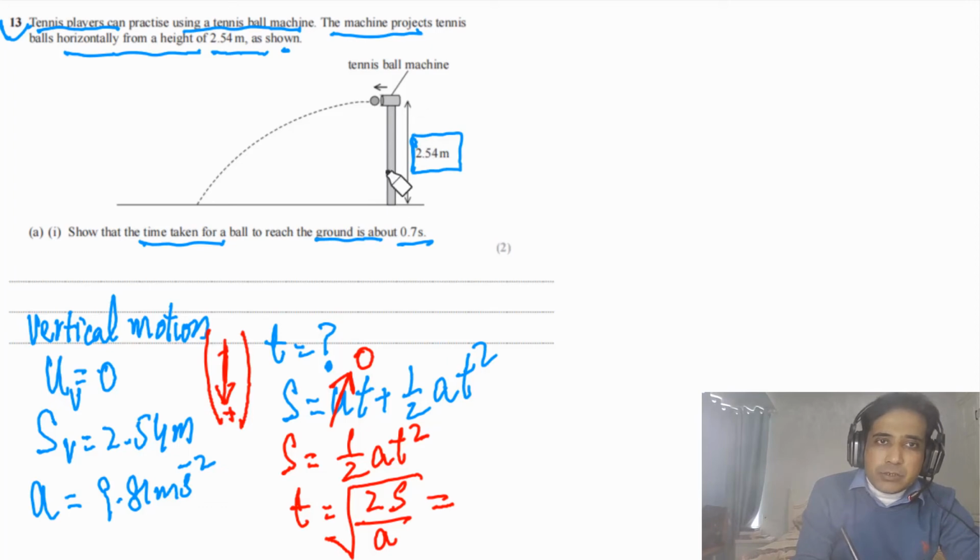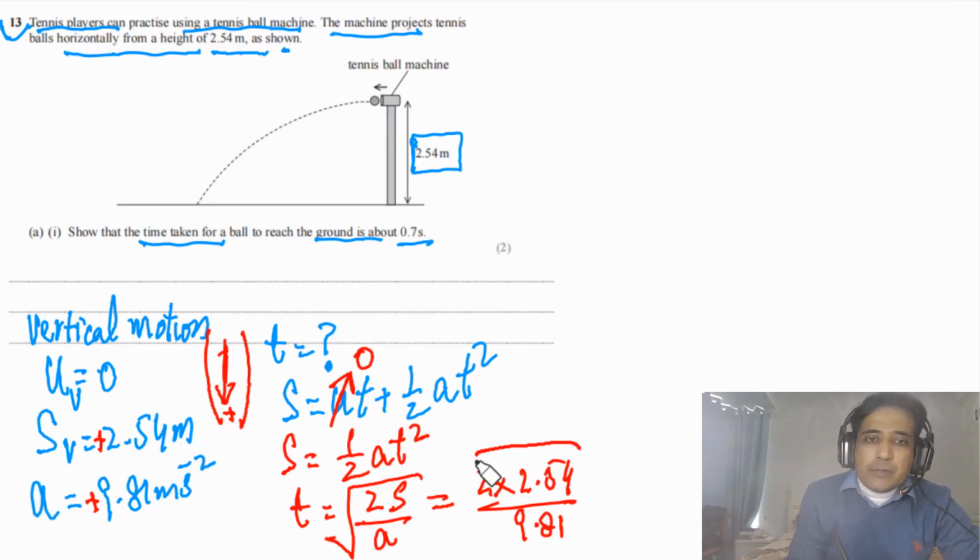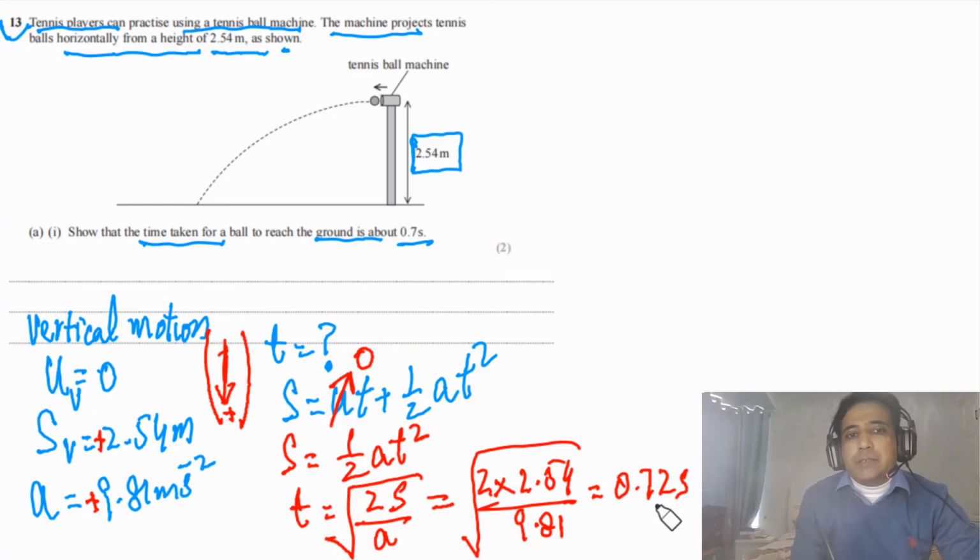This displacement is downwards, so it is positive, and acceleration is also positive. So t = the square root of 2 times 2.54 divided by 9.81, and if we solve, the final answer is 0.72 seconds. So this is how we can answer.